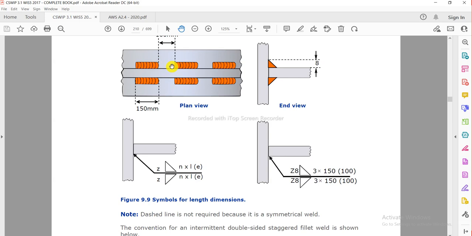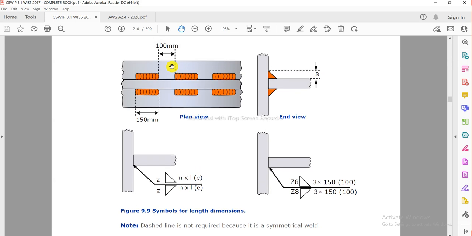Similarly, I will show you the AWS A2.4 representation, which differs from this one. This indication I am showing you is as per BS EN 22553 standards.